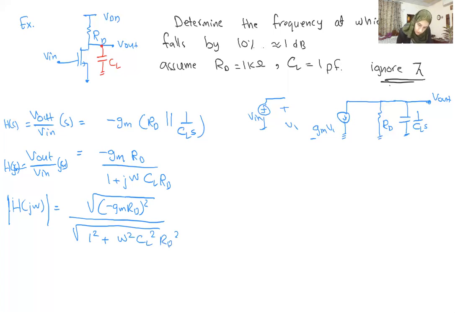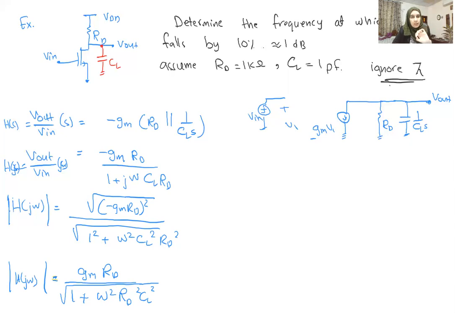Okay, which is basically equal to GM RD over the square root of 1 plus omega squared RD squared CL squared. Okay, now we basically want to find when the magnitude of this transfer function falls by 10%. Falls by 10% means becomes 90% of the maximum value. So what is the maximum value of this gain?